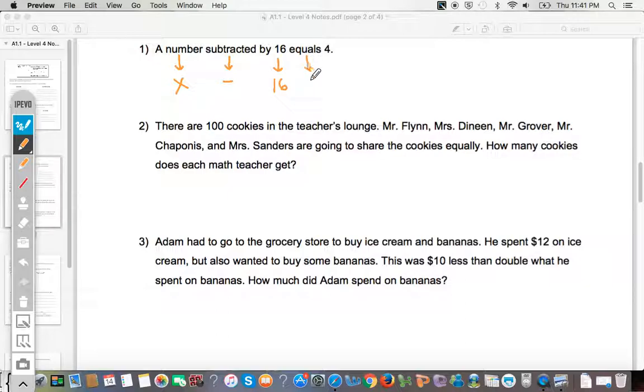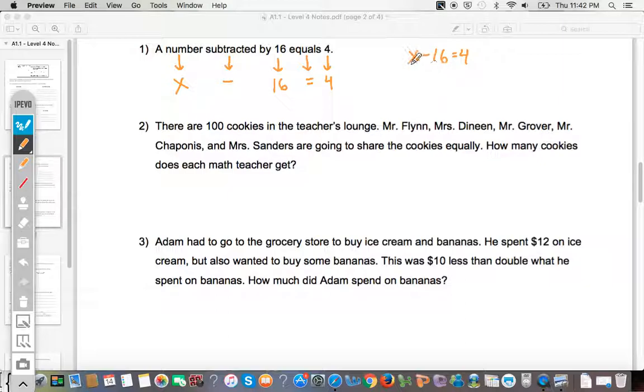Equals 4. So my equation is x minus 16 equals 4. Great, so there's 1/2 of it right there.